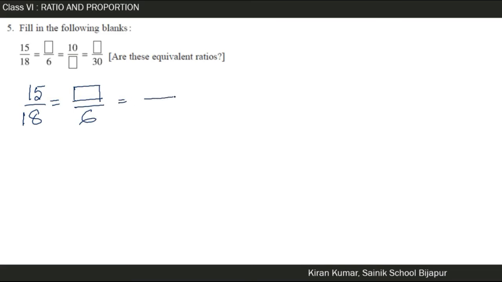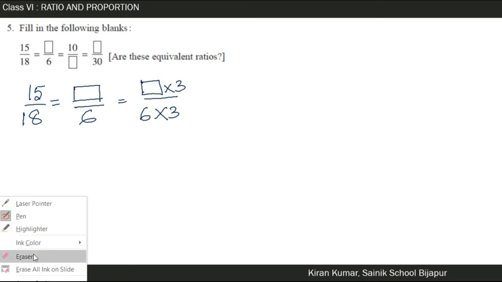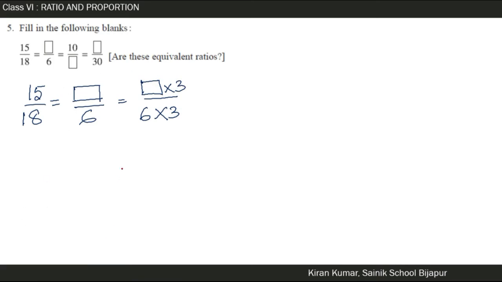We all know that when 6 is multiplied by 3, we get 18. So this blank has to be multiplied with 3 to get 15. So that blank has to be filled with 5. So this number is 5 by 6.